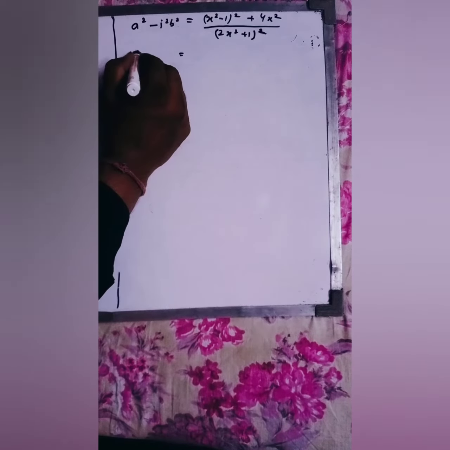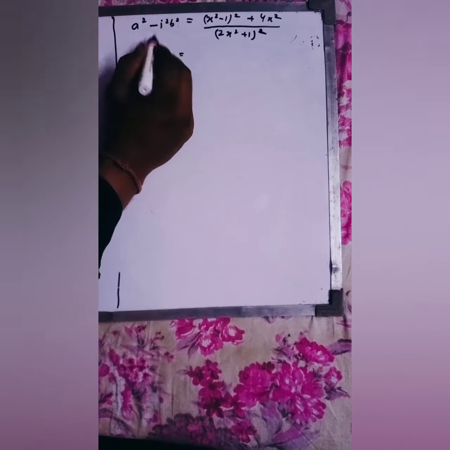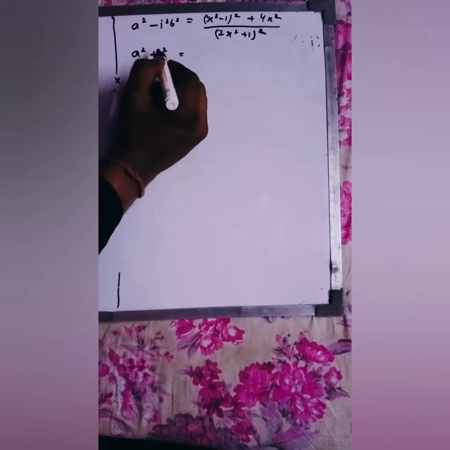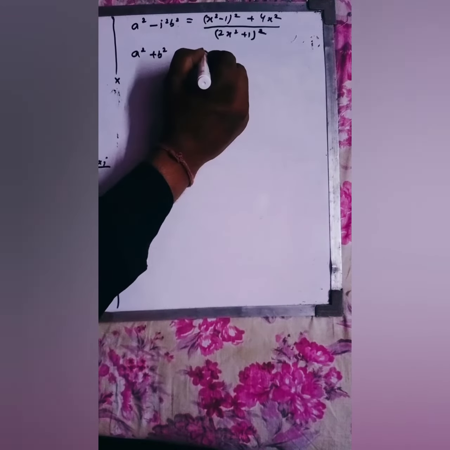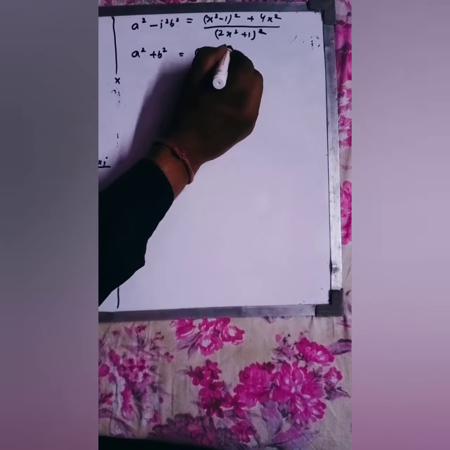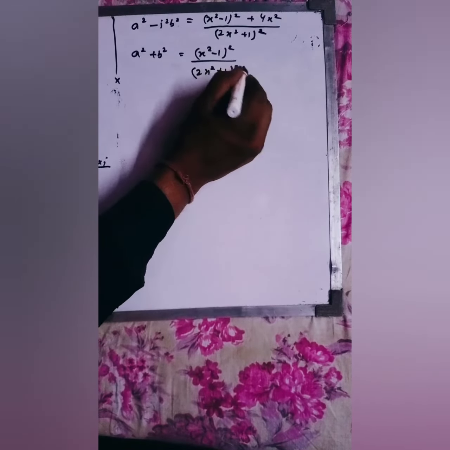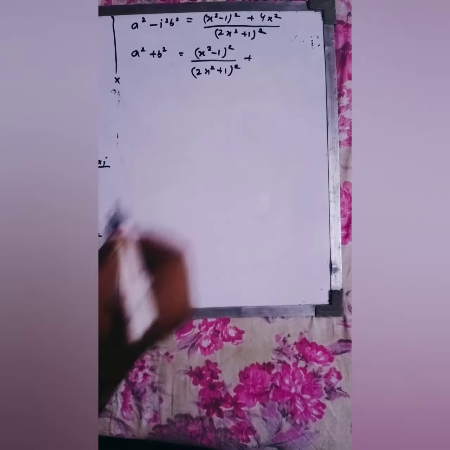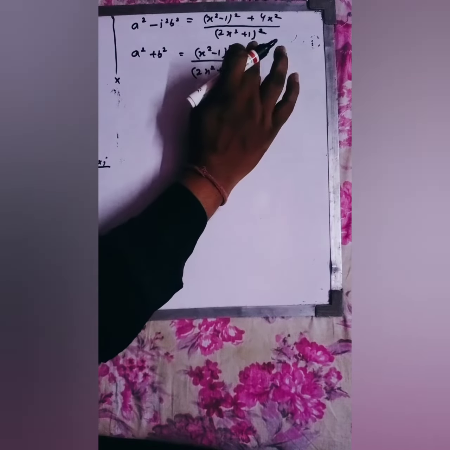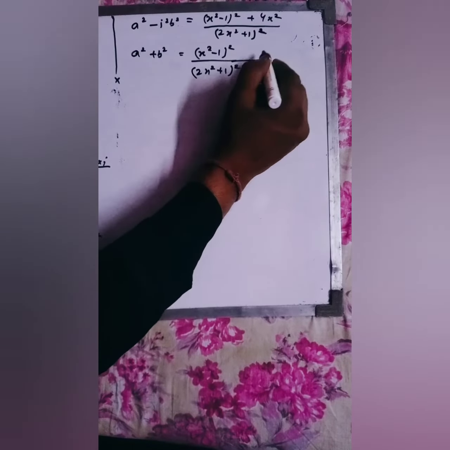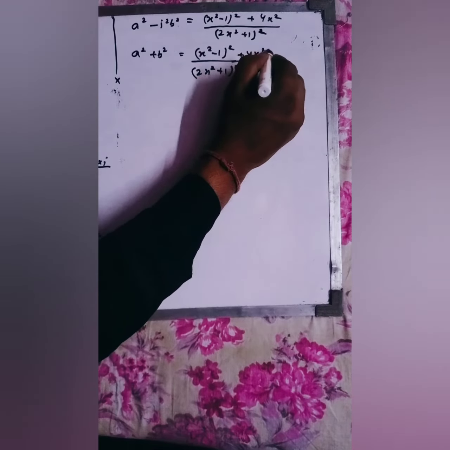So this can be written as a square, this iota square will be minus 1, so it will make a square plus b square, and here (x square minus 1) whole square over (2x square plus 1) whole square plus 4x square, this whole we can write. Fine.